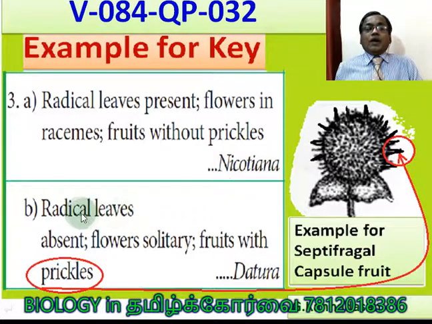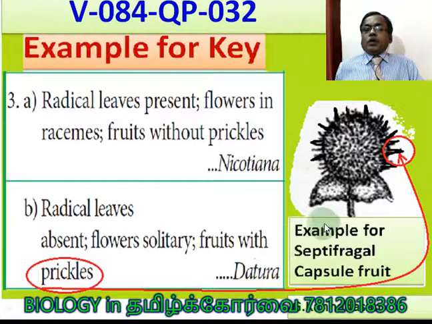If the radical leaves are absent, the flowers are solitary instead of being in a racemose inflorescence, and the fruits have prickles. You see the fruits with prickles. Then it comes under the genus Datura.